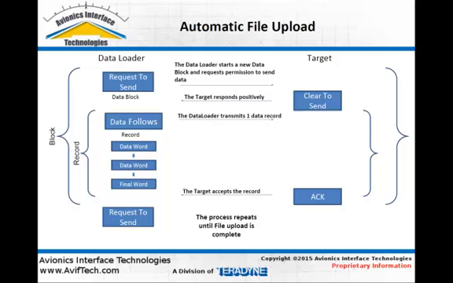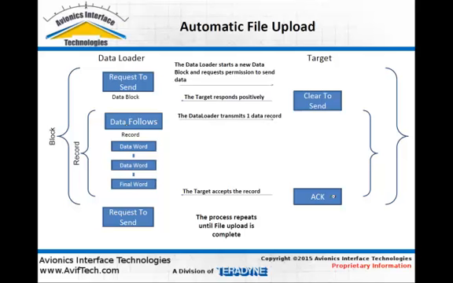After that, the data loader would send a data follows word followed by a sequence of data words, which contain the contents of the file, and at the end what's called a final word that includes a checksum. That checksum is calculated over the sequence of data words between the data follows and the checksum word.